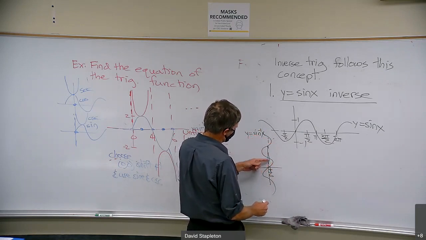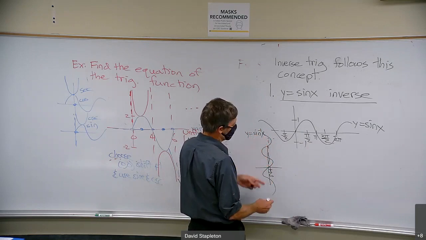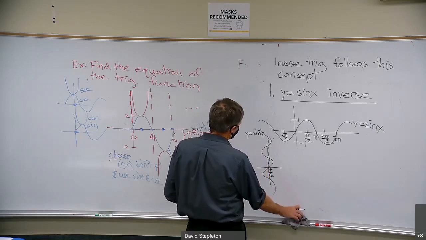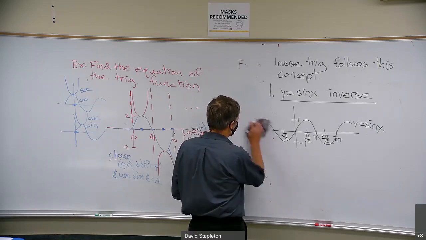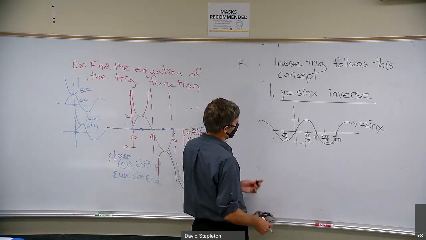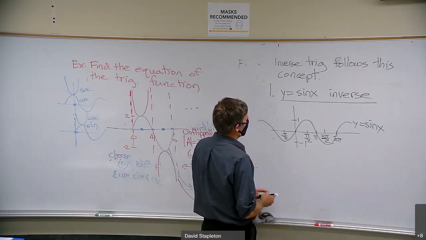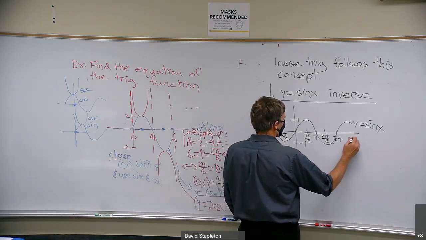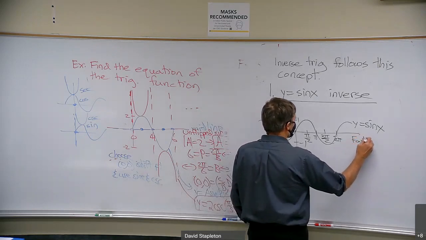Oh, it could be that y value or that y value or that y value. It's a multi-valued function. Instead, what we want to do, since this has no inverse, fails horizontal line test, it's not 1-to-1.